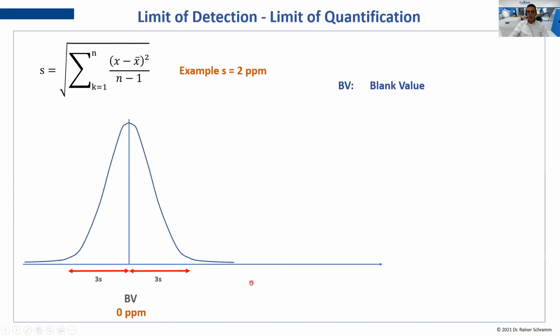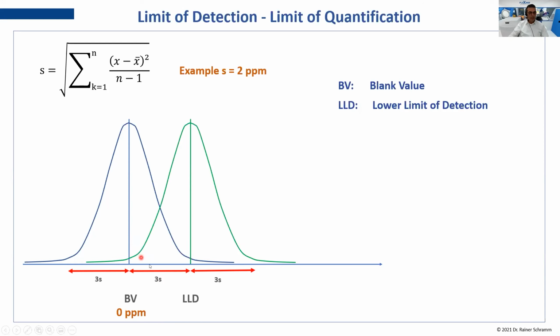Now the detection limit is defined such that you can distinguish 50% of your determined concentrations from the noise, from the distribution around the blank. This means that half of these values you can see, the other half is like noise. This would be the case when you are 3 times the standard deviation higher.